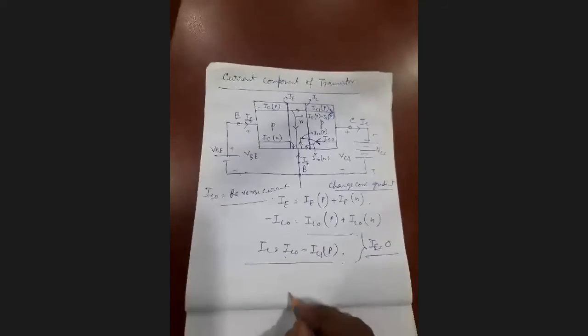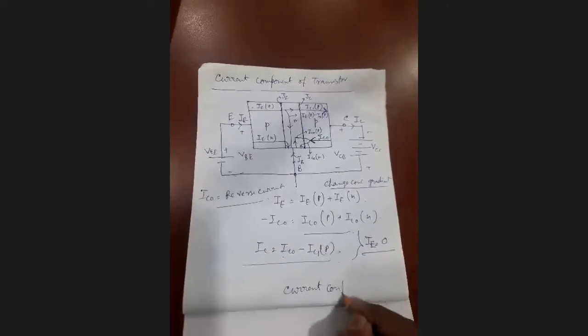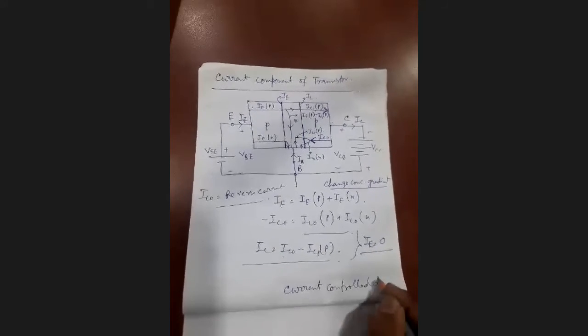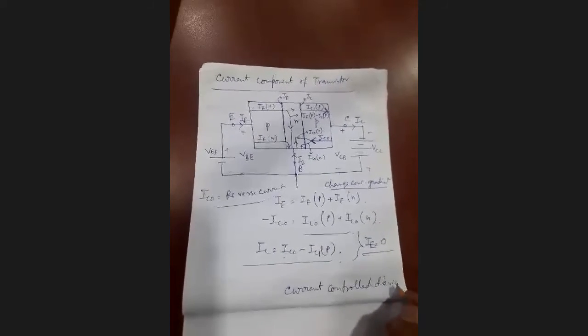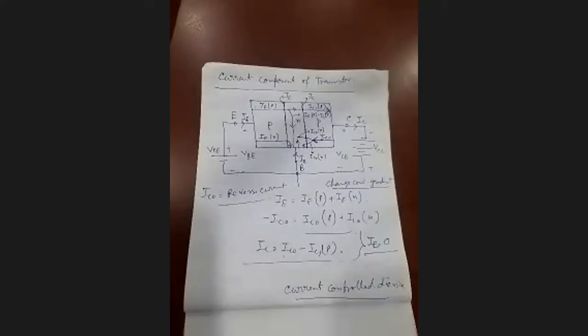So this is considered a current controlled device. Similarly, the output side current is very low and the input side is very high, so it is also considered a change of resistance from the input to the output.